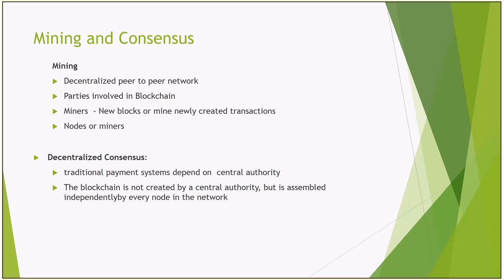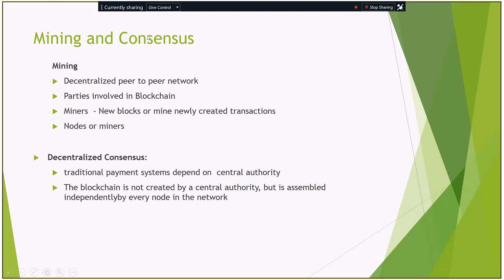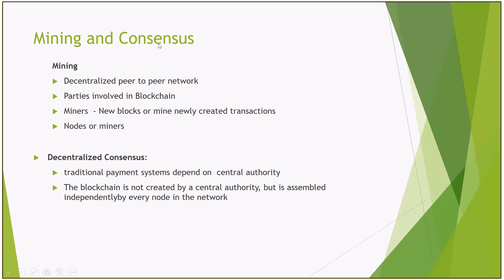Now, the other application of the blockchain, or rather the different properties of the blockchain, are mining and consensus. Anyone would ask, what exactly is mining and consensus, and how does the blockchain ecosystem work? Let's say there's an ecosystem of 4 or 5 nodes.